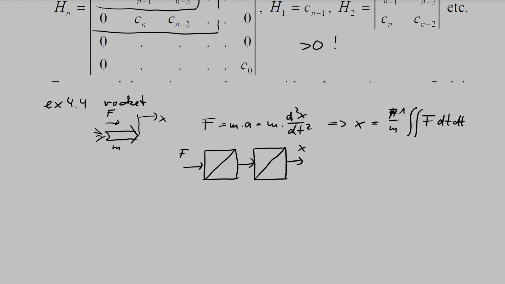So if you apply a force to a flying mass, then the position changes with double integration. This is also true if you control the direction of a boat, or if you just fly a quadrocopter.